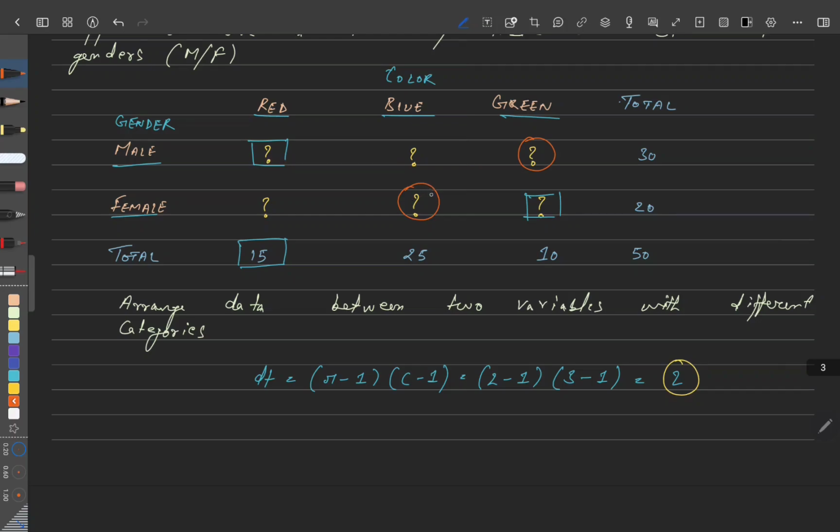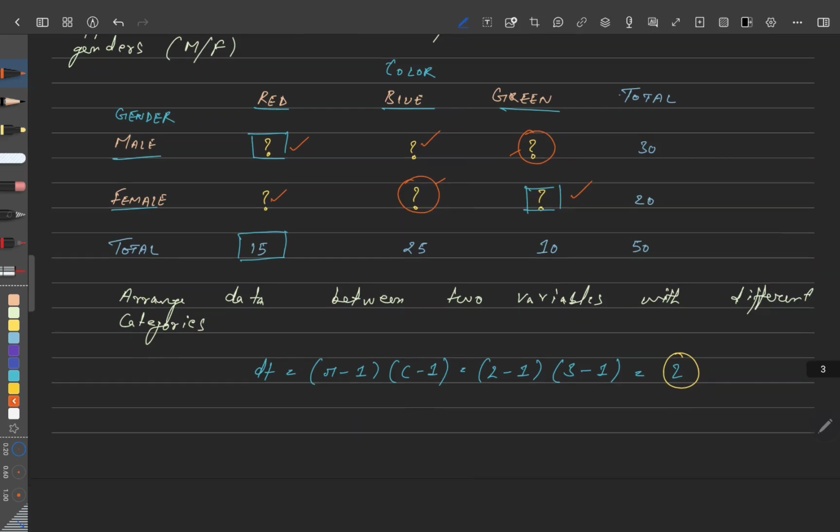So if I find out these two cells, then I would automatically get the values of this cell, this cell, this cell, this cell, because I have all the other values now to calculate these remaining values. Okay, so this is what degrees of freedom means here in a two-way table. So basically, if I were to rephrase the question, given this table, how many minimum values do I need to find out, using which I can calculate all the other values.